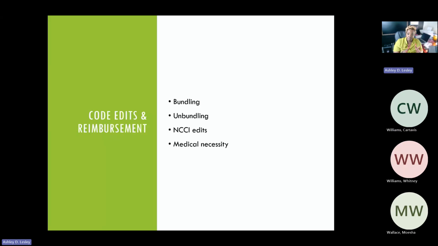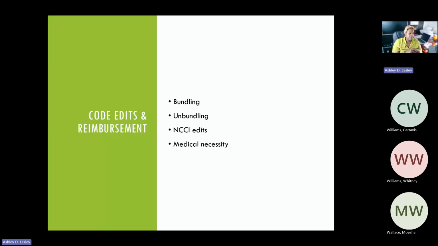Unbundling is the opposite of that, which means you're taking it apart. And your NCCI edits are those coding compliance incentives that I told you about earlier, where you can create your own coding compliance program, or you can do the national one, which is your NCCI.